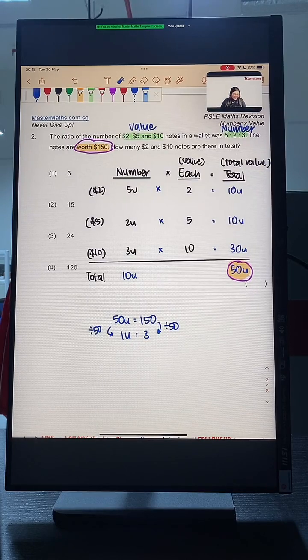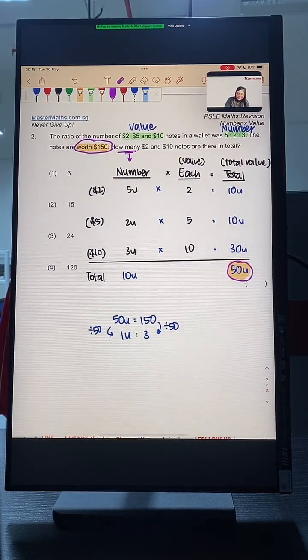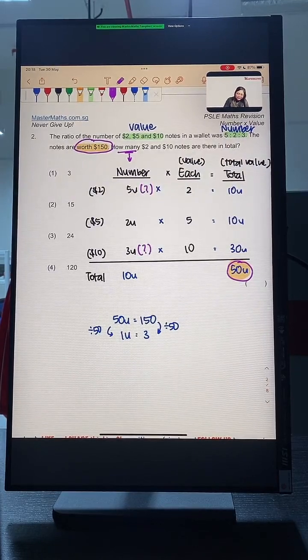Then, after that, we can move on. I want to find how many $2 and $10 notes there are in total. So I'm interested in the number. How many means number of $2 notes and $10 notes in total.